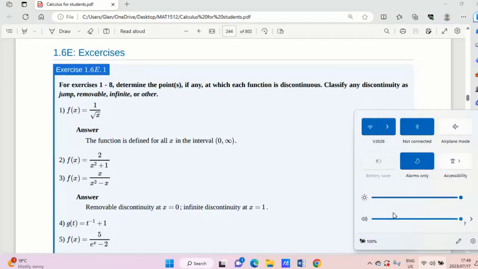I didn't say jump, removable, or infinite because they said or other. So it doesn't have any discontinuity. Because if you put any number there, you will still have a number. Yes, there I agree with you.